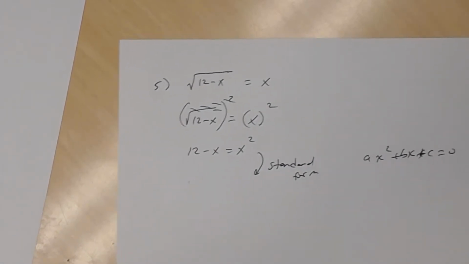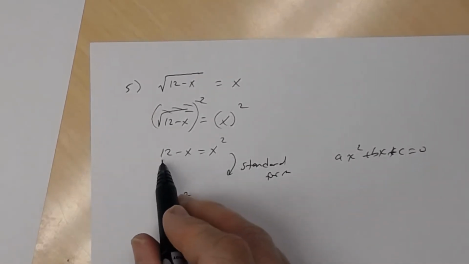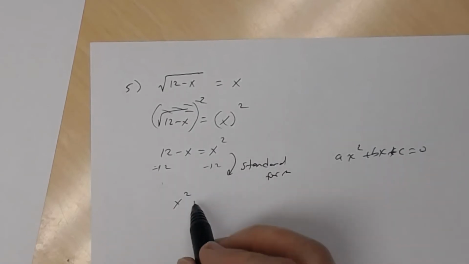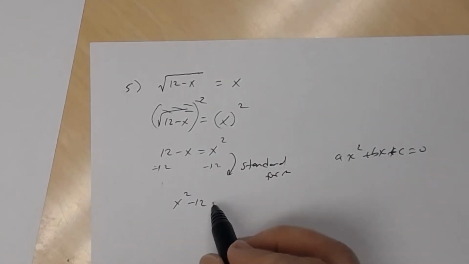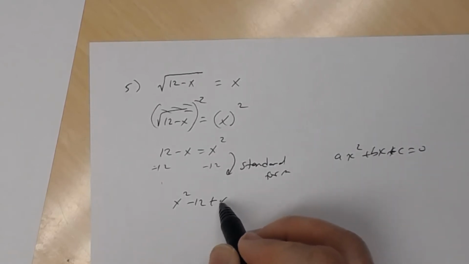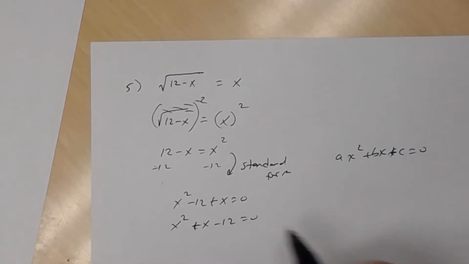So when I rewrite this, I get x squared, and then I'm going to subtract 12 from both sides, so x squared minus 12, and then you're going to add x, so plus x. Let's put it in descending order. So I get x squared plus x minus 12 equals 0.